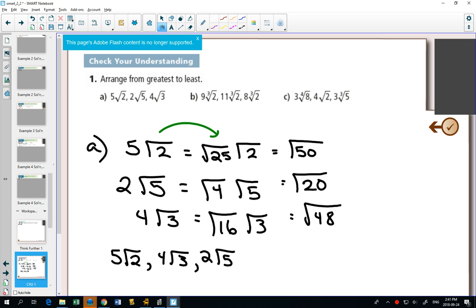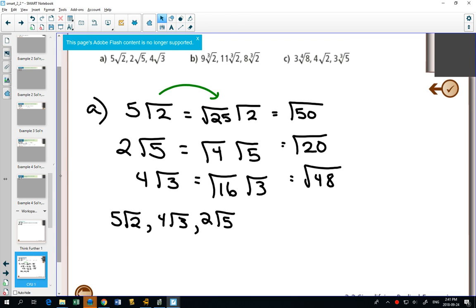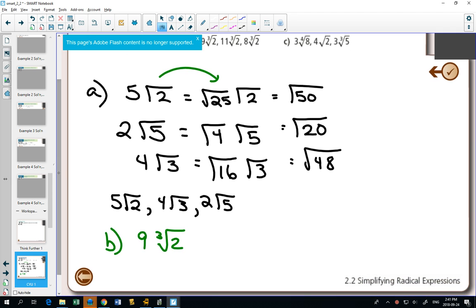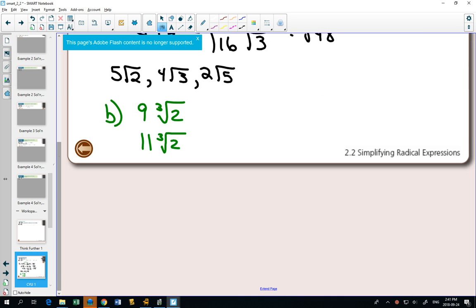And the same is true once you get to cube roots. So I have 9 cube root of 2, 11 cube root of 2, and 8 cube root of 2.